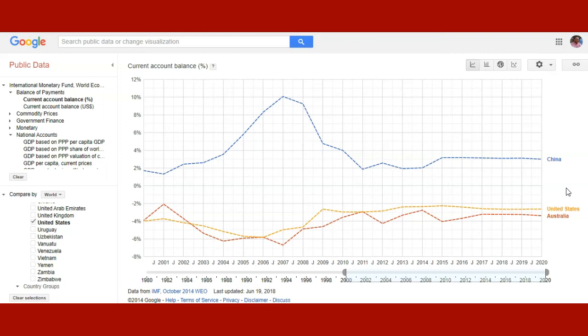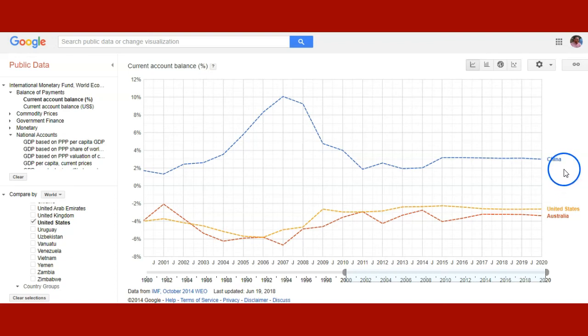Let's think about effects then. If a country has high economic growth, then you would expect that that country's unemployment rate will be relatively low. But you would also expect its inflation rate to be relatively high.